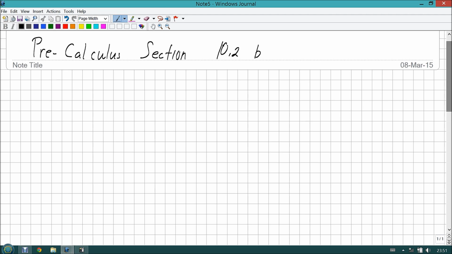So when last we were looking at summation notation. Summation notation looks something like a sigma from a number starting to an ending point of something.